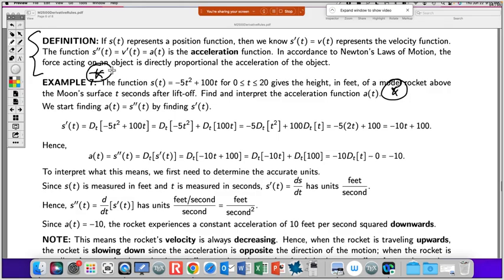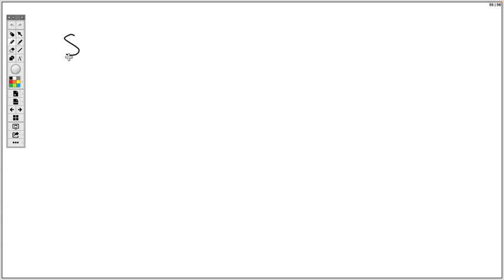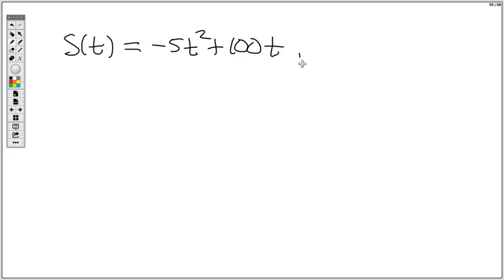Find and interpret the acceleration function a of t. So let's look. S of t equals minus 5t squared plus 100t. They're asking for the acceleration, which is the second derivative.